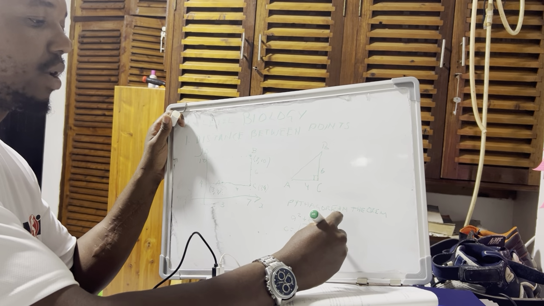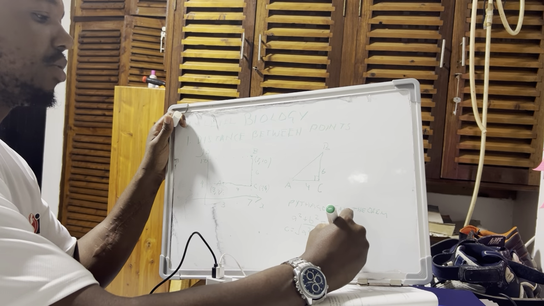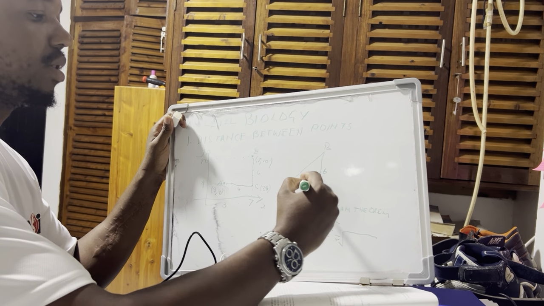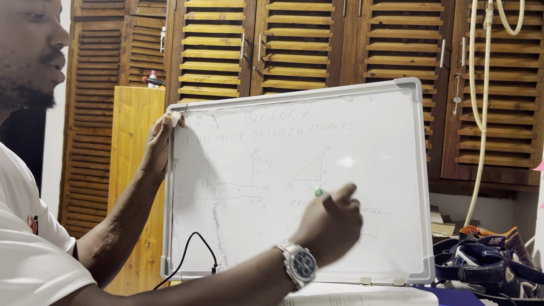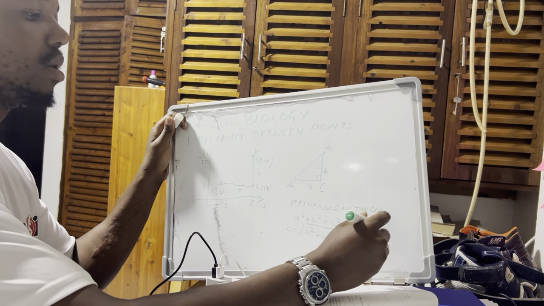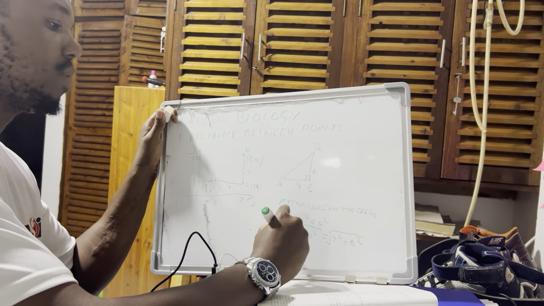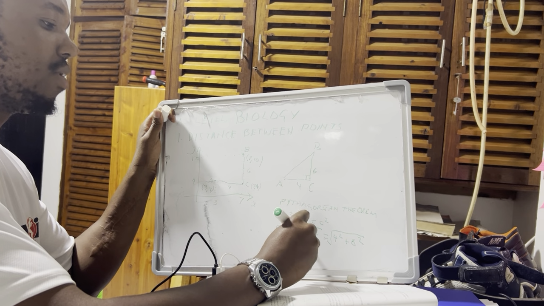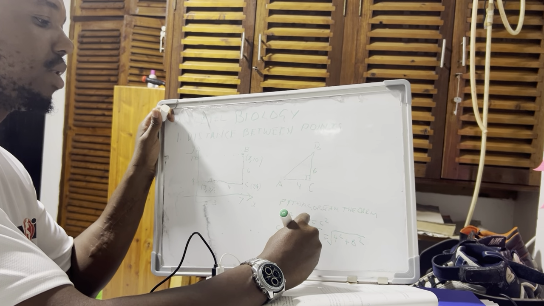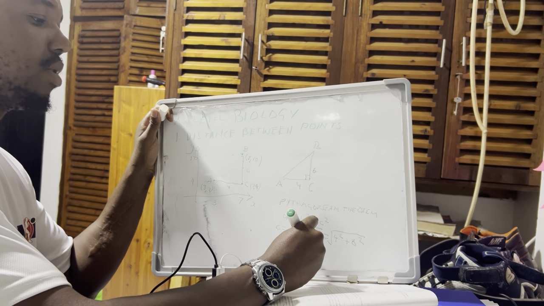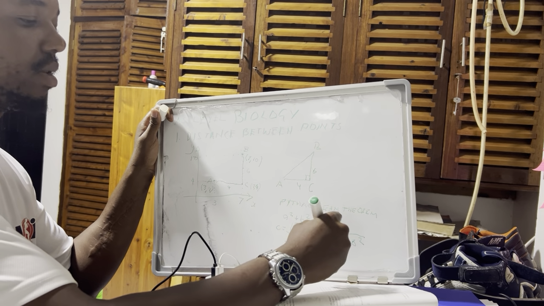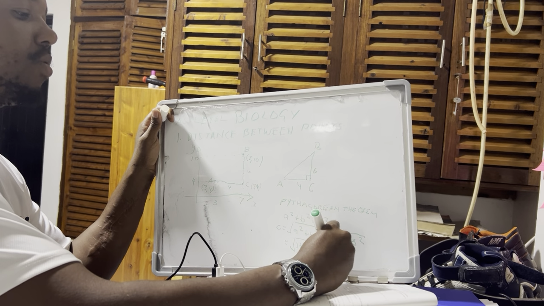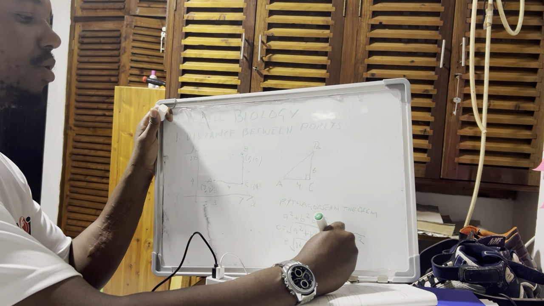This is all you gotta do, and then just plug in the values. This is a, 4 squared, plus this is b, 6 squared. It will then give you the square root of 16 plus 36, which is root 52.